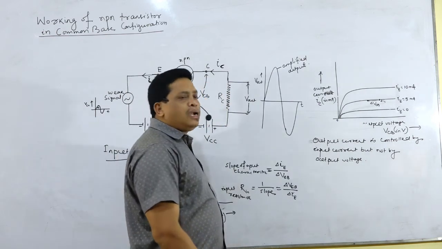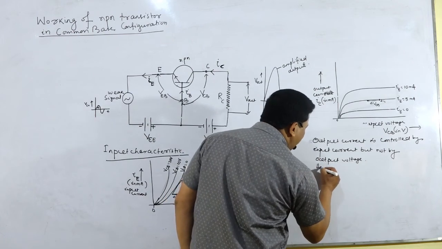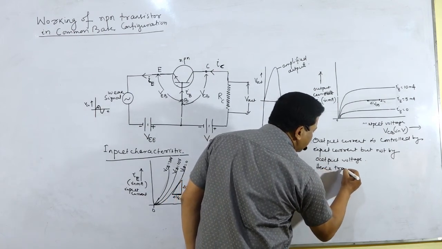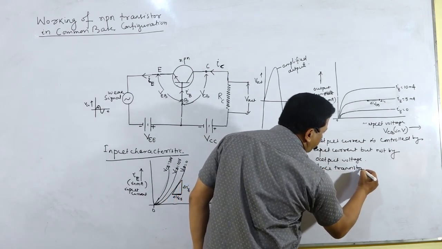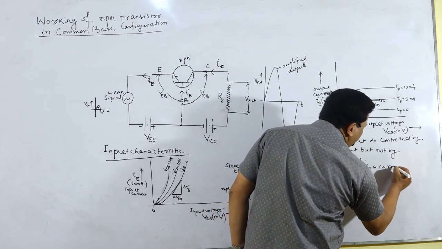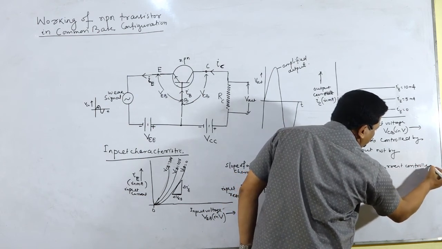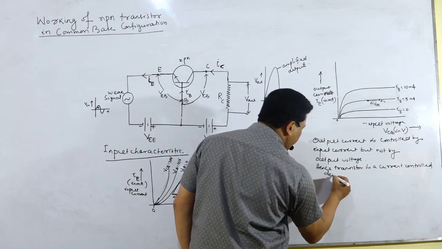So we said that transistor is a current control device. Hence, transistor is a current controlled device.